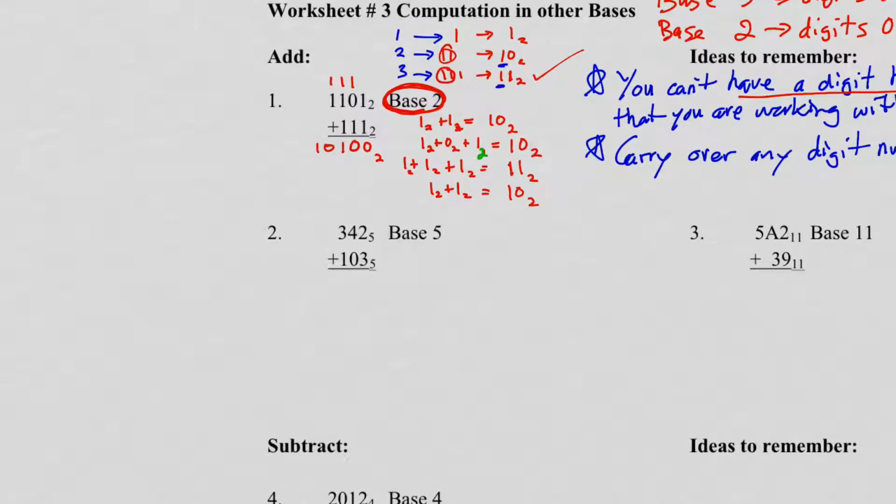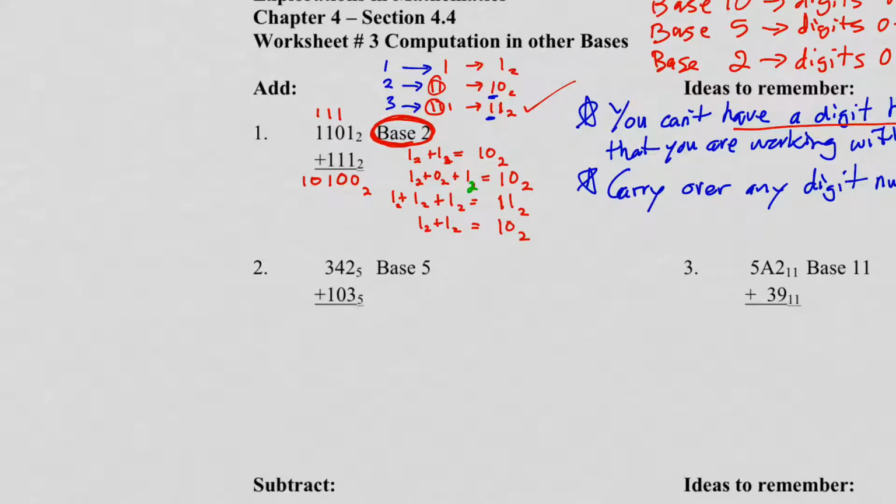what we just did there in number 1 is the same thing we do in base 10. So here's an example in base 10, which is our base. 24 plus 87, for example.